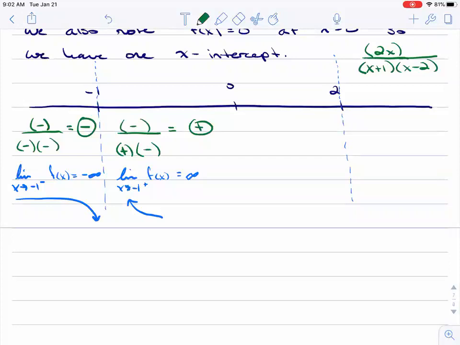And so we get a positive divided by a positive times a negative, making a negative value, which we can summarize as the limit as x approaches 2 from the left of f of x is negative infinity. All right. So that's going to look like this.